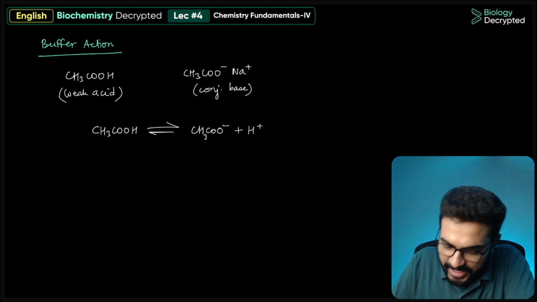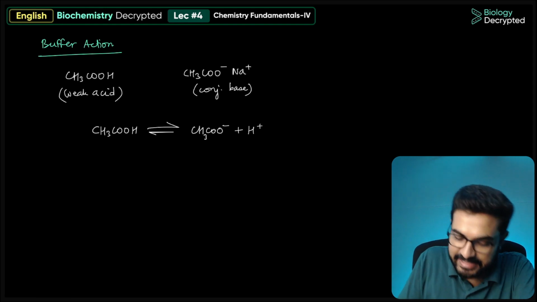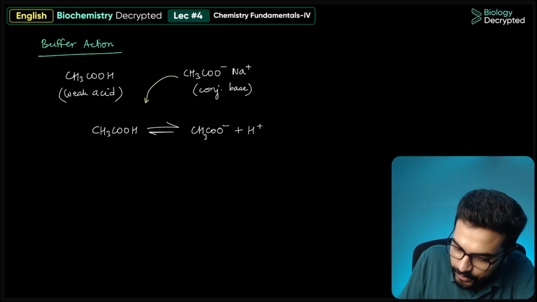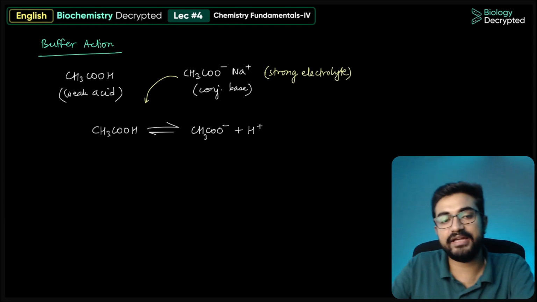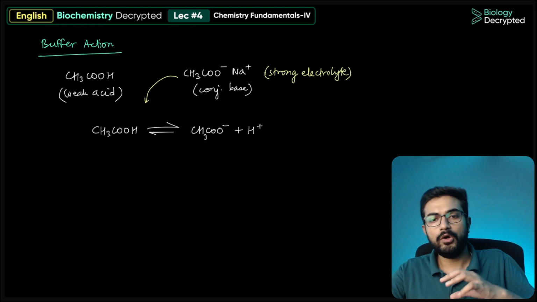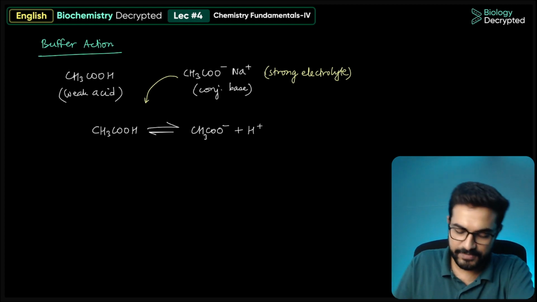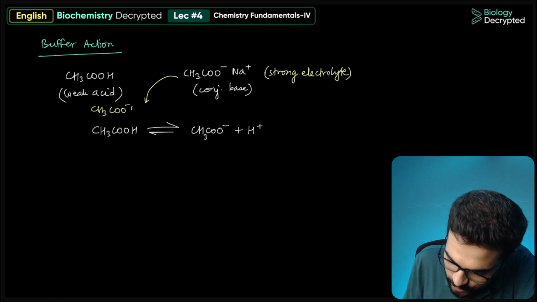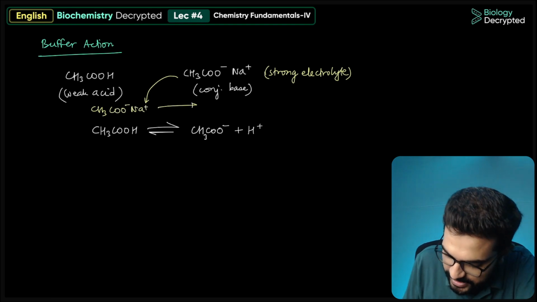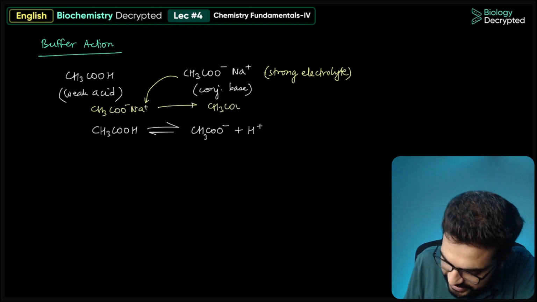Now when we add this salt, we have to remember that it is a strong electrolyte, and obviously strong electrolytes have a high degree of ionization. It will almost ionize 100%. So CH3COO minus Na plus will dissociate almost completely into CH3COO minus and Na plus.